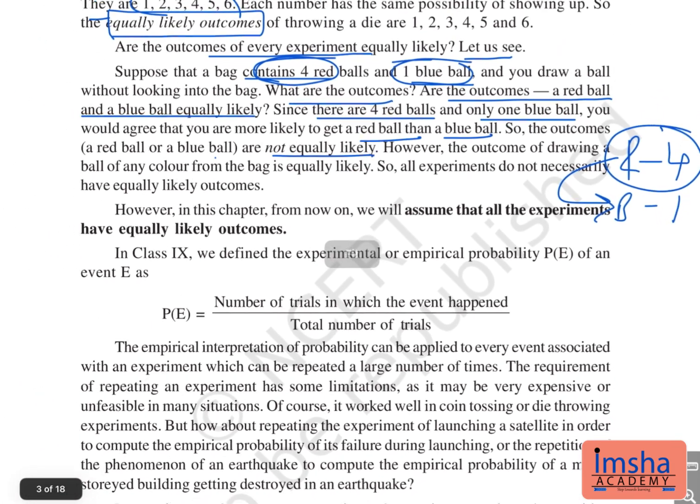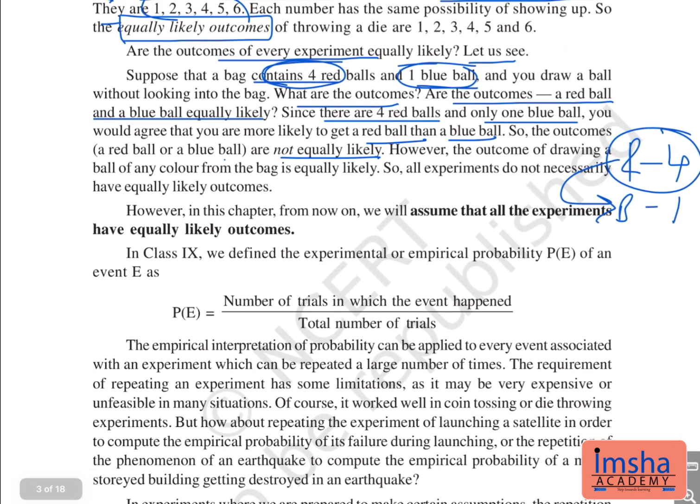But in the case of a bag of balls with different colors, where the number of balls of one color is more than any other color, we cannot say that it is equally likely. I hope it's clear. However, in this chapter, from now on, we will assume that all experiments have equally likely outcomes.